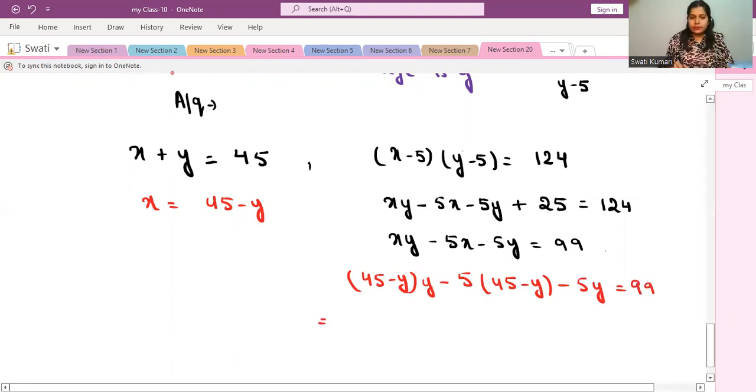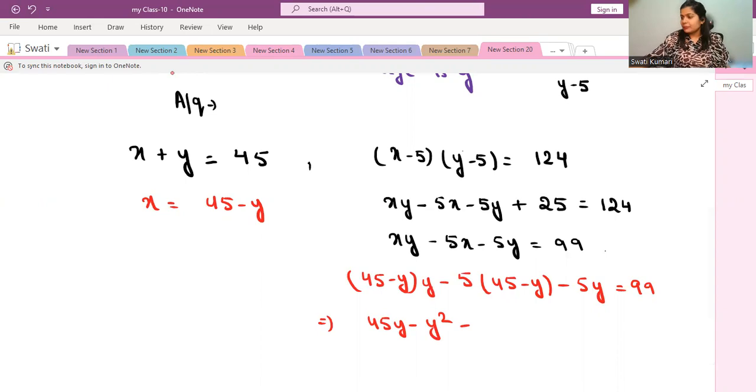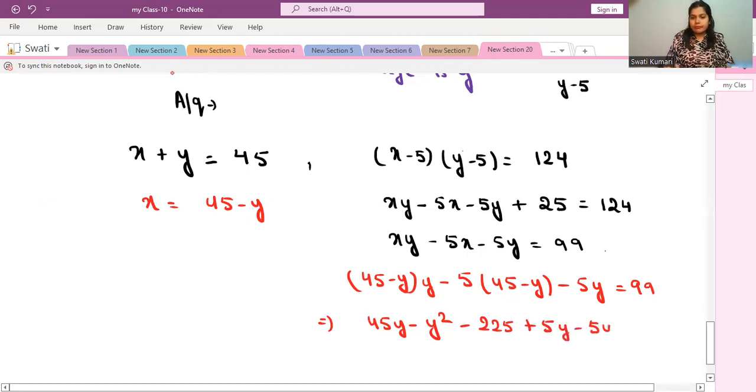All right, and now this will become 45 into y is 45y minus y into y is y squared minus 5 into 45. I'm going to do this quickly because I have a calculator right here with me. So 5 into 45 is 225. And this will become minus minus plus 5y into 5 into y is 5y minus 5y equals 99.